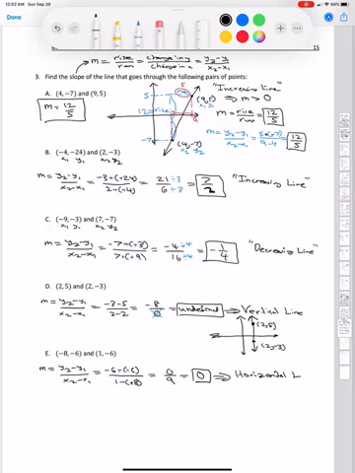So you've now seen an example of each type: increasing line, decreasing line, vertical line, horizontal line. If we were to plot these 2 points, -8, -6, down here in quad 3, and 1, -6, down here in quad 4, and we graph this line, you see there's a graph of that horizontal line there.